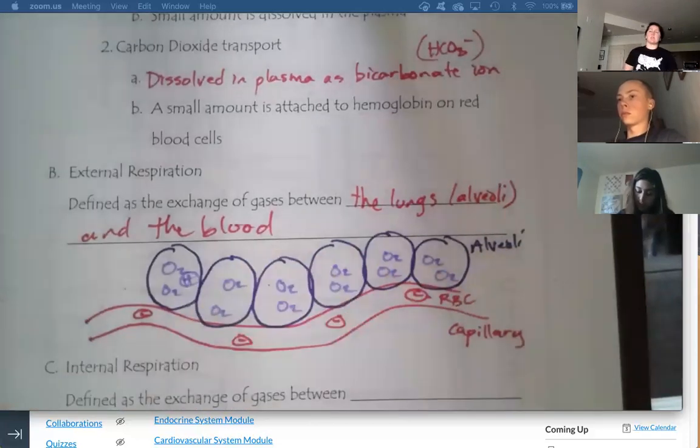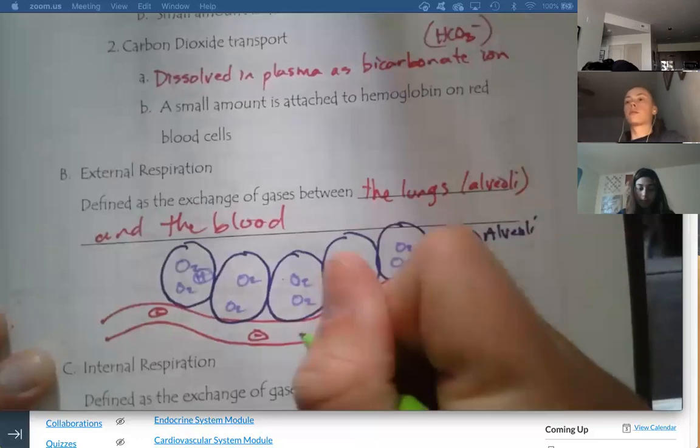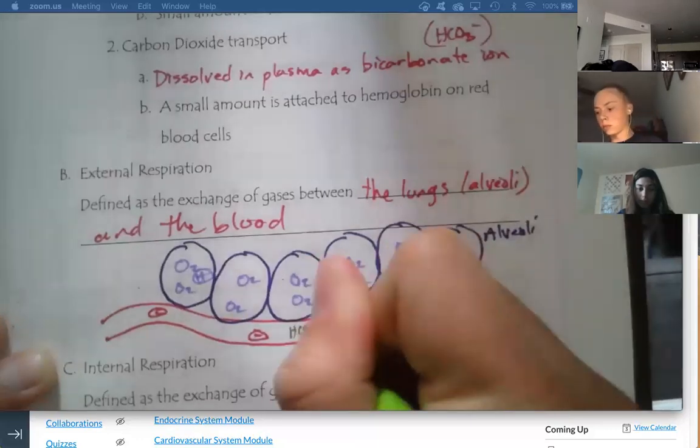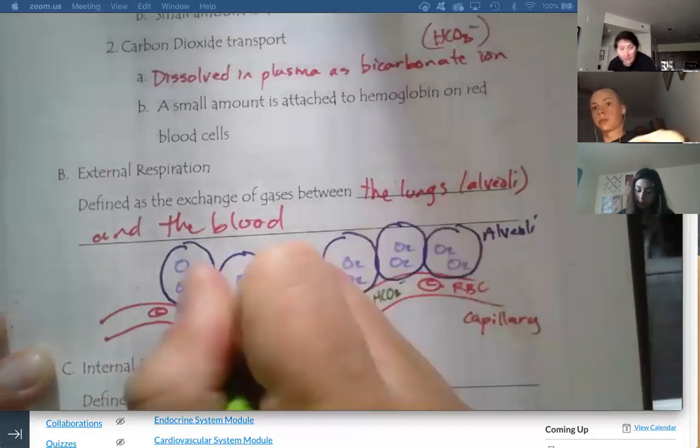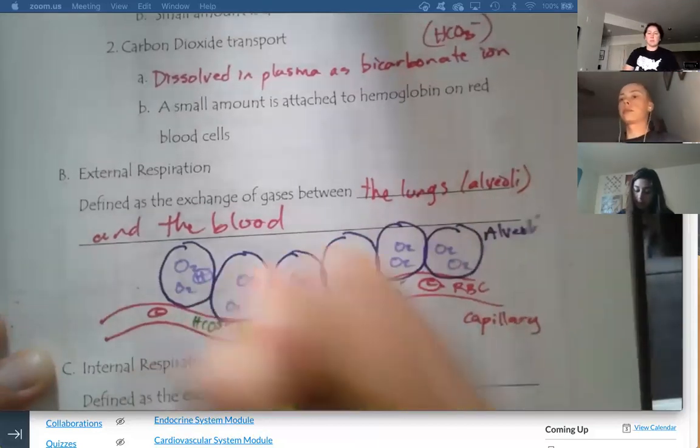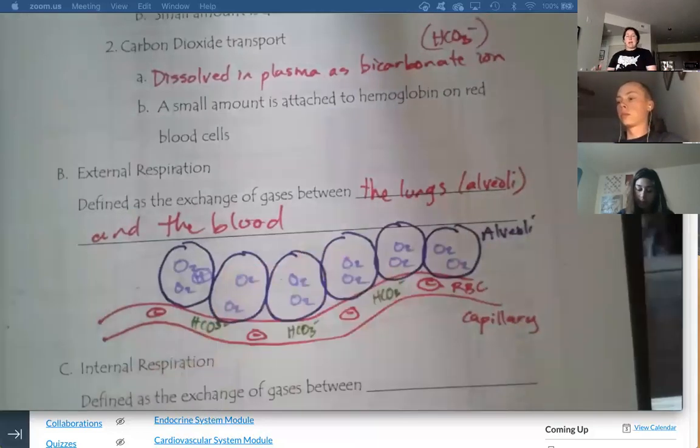We know it returns to the lungs via the pulmonary artery. That's going to have high levels of carbon dioxide. It's been dissolved, so we have high levels of HCO3 located in the plasma. Okay. High to low concentration.